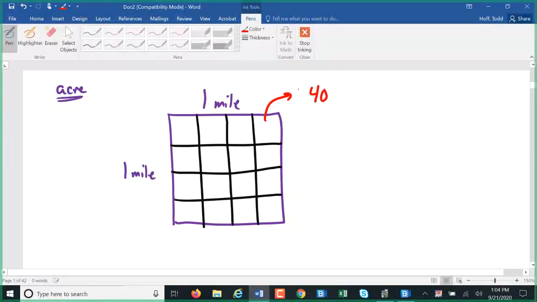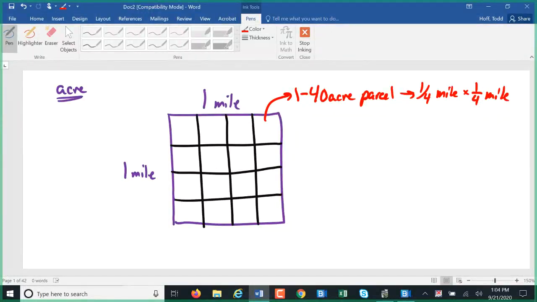All right, that'll look clearer. One 40-acre parcel is 1/4 of a mile by 1/4 of a mile. So the borders of 4 40s add up to make 1 mile long.